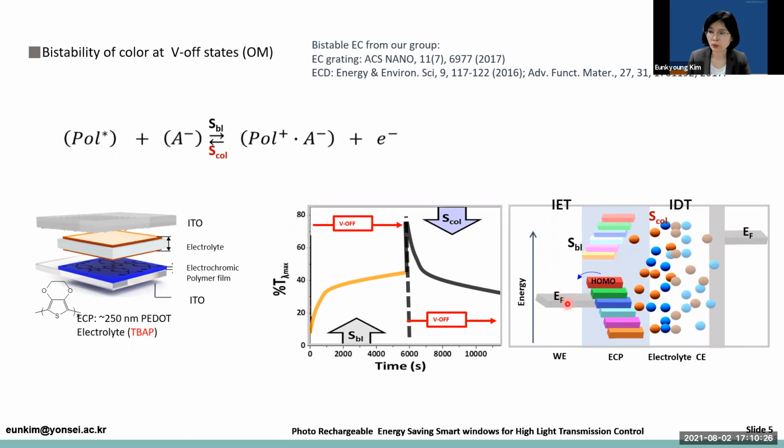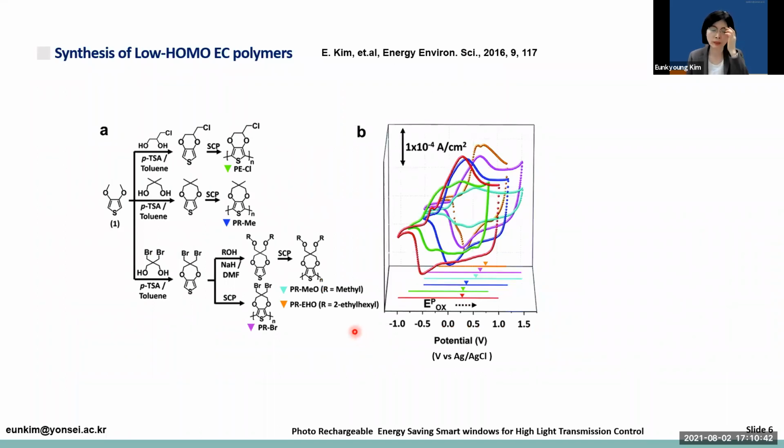Self-bleaching could occur when the polymer has a high HOMO level compared to the Fermi level of the electrode. So it's important to control their HOMO energy and also blocking of ion transport at voltage off state.